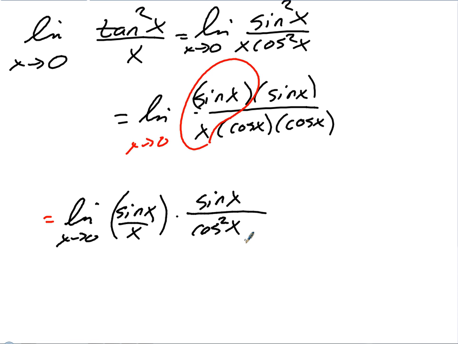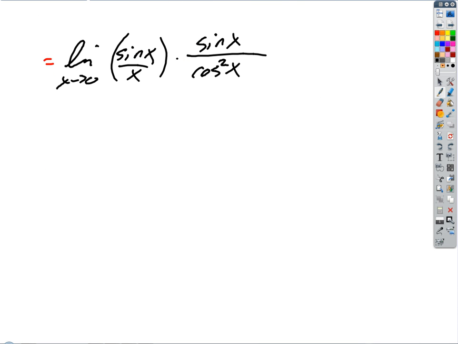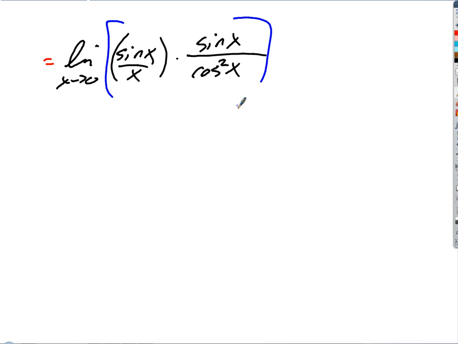Okay, now here's where, technically speaking, we talked about this a while ago, but it was a little out of context. It was a little before we got into doing these problems, and so let's talk about it again real quickly. Our properties of limits say that if we have a limit of a product like this, the limit of this guy times this guy is the very same thing as the limit of the first times the limit of the second. In the language of the book, I think we said something like this.